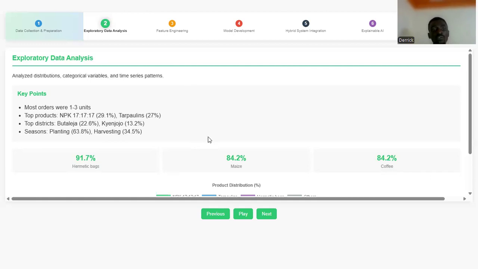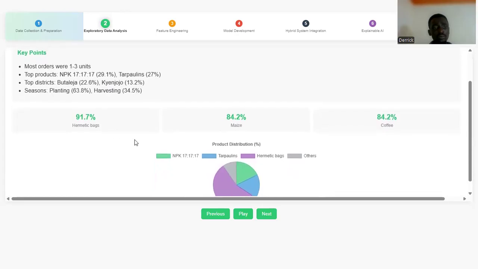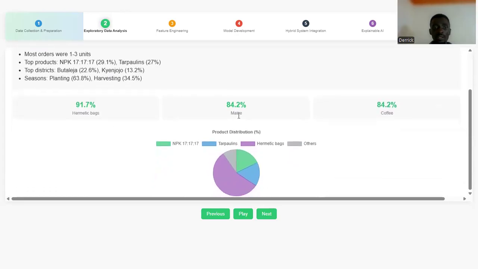On the seasons, mainly it was planting, which contributed 63.8%, and then testing, which was around 34.4%. Hermetic bags contributed 91.7%, with maize at 84.2, and then coffee. So this is our product distribution.